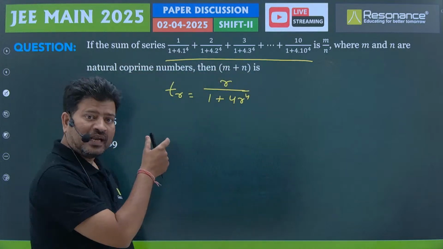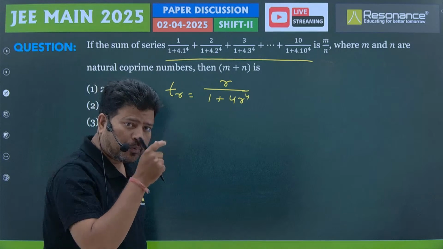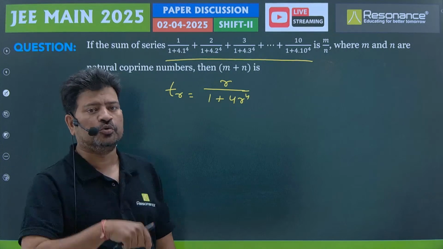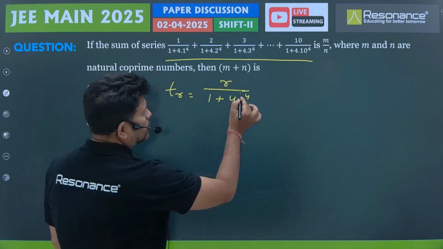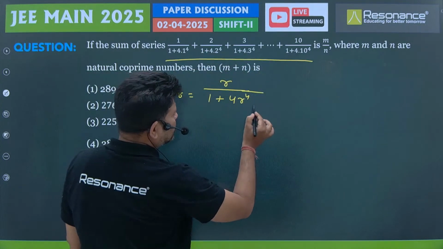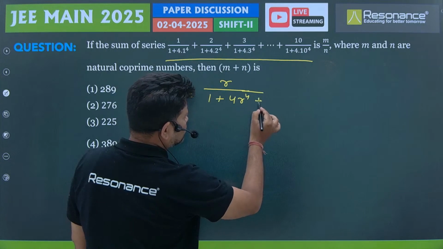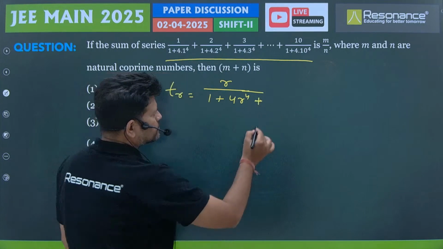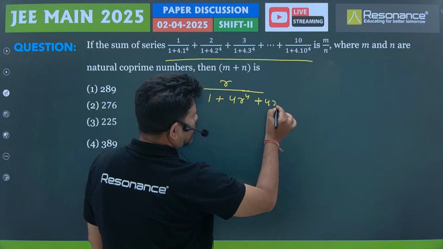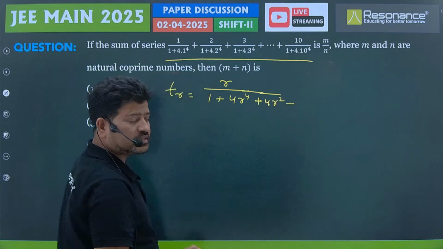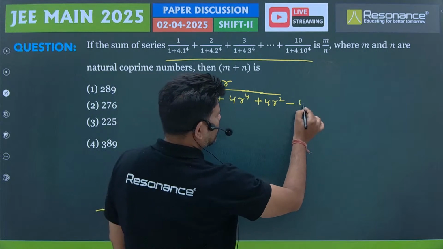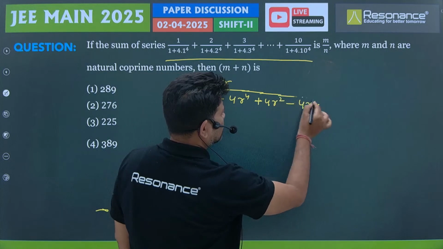We have to split it so that one part is positive and another part is negative. You can see the denominator, what I am doing here: 4r square minus 4r square we can write.